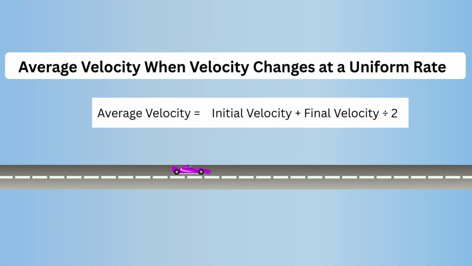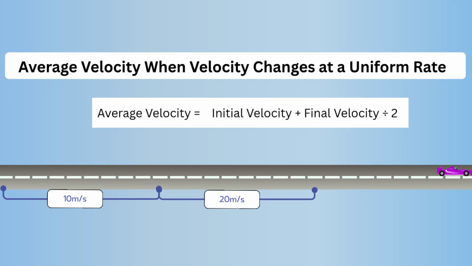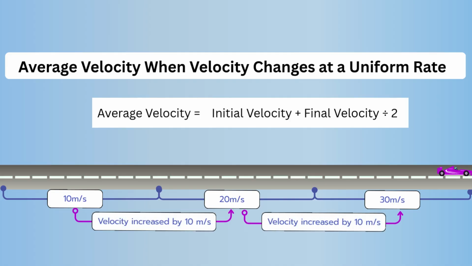Suppose an object starts with a velocity of 10 meters per second. Its velocity increases uniformly to 20 meters per second and then to 30 meters per second. Here, the velocity is increasing uniformly. Each time it increases by 10 meters per second.